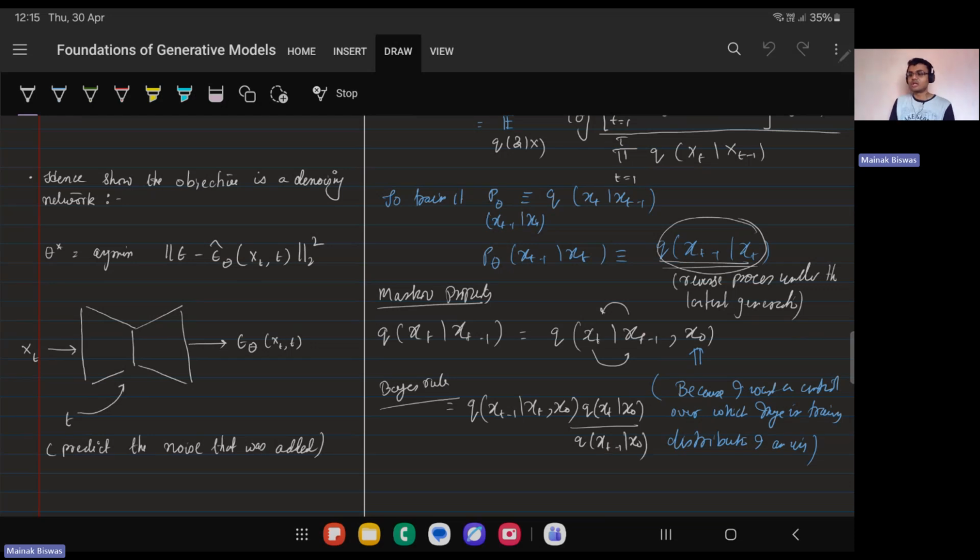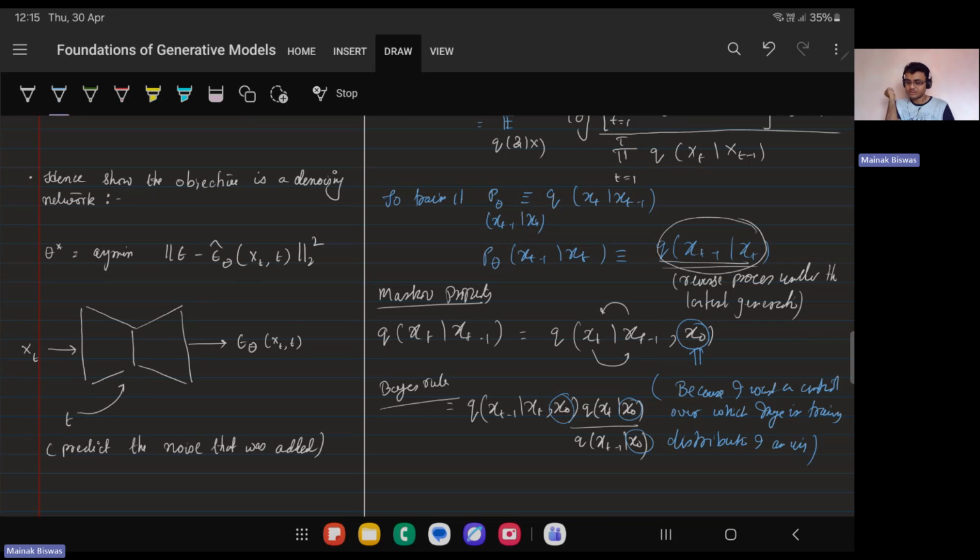So this is a trick when you have multiple conditioning variables and you are trying to use Bayes rule on two of them: you use the ones that remain fixed as conditioning for the rest as well. Normally P of A given B is P of B given A into P of A by P of B. So if you have another term C, that C gets conditioned on each of the other terms as well.